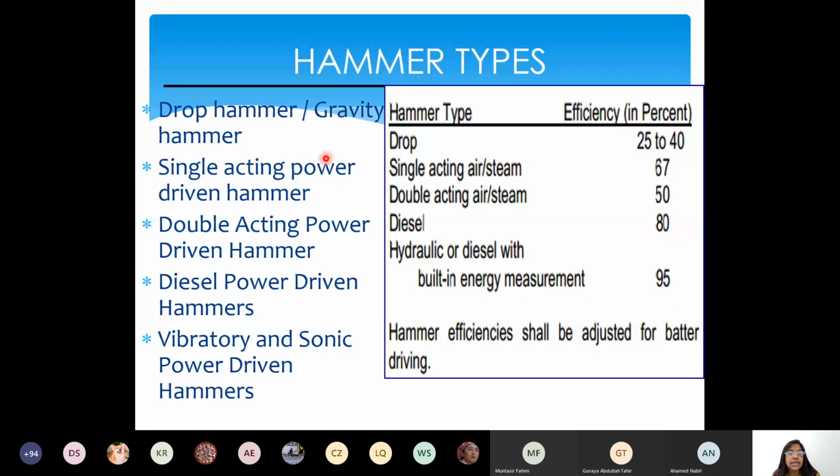Single acting power driven hammer, which can go for 67. Above all, the best performing one will be hydraulic or diesel with built-in energy measurement. This is only diesel, and this is with hydraulic. In one word you can say hydraulic operated.